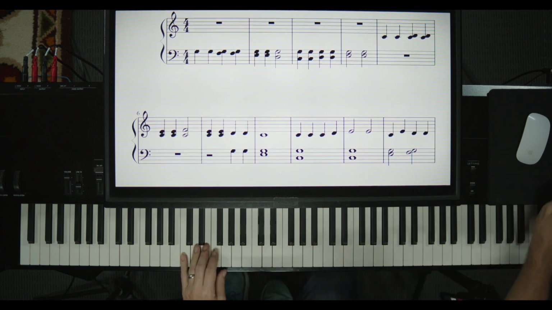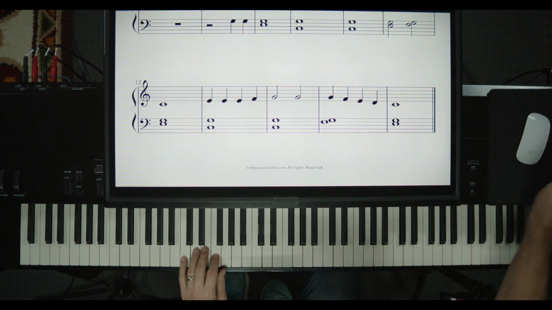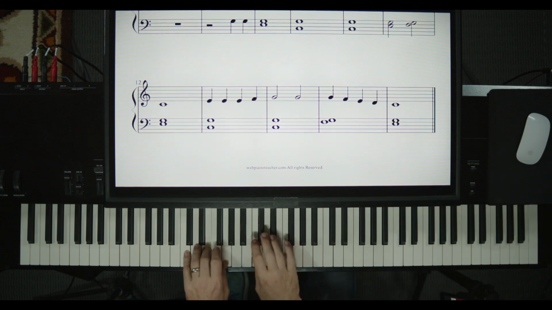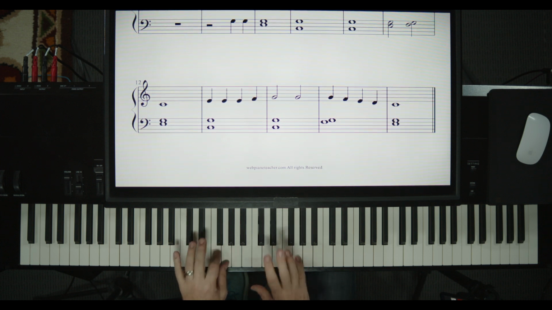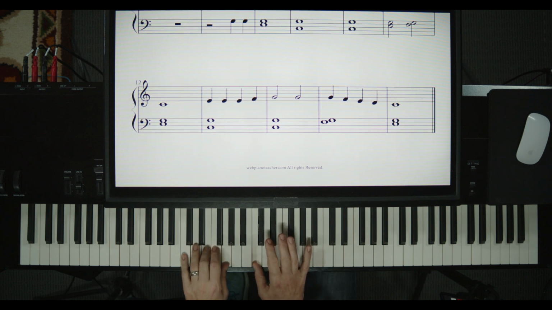Let me scroll. One line to go. 1 and 2 and 3 and right there. 4, 1, 2, 3, 4. G, F, E, D, 2, 3, 4.